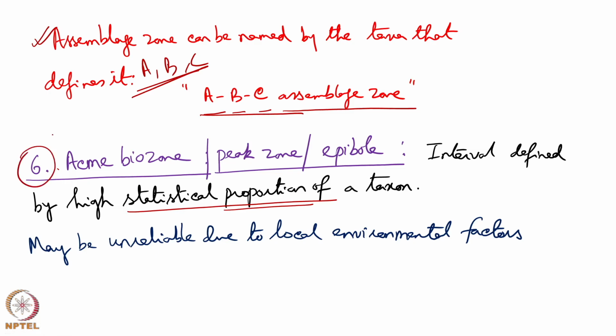Now, let us look at the acme biozone, or the peak zone, or the epibole. It is an interval defined by high statistical proportion of a taxon.